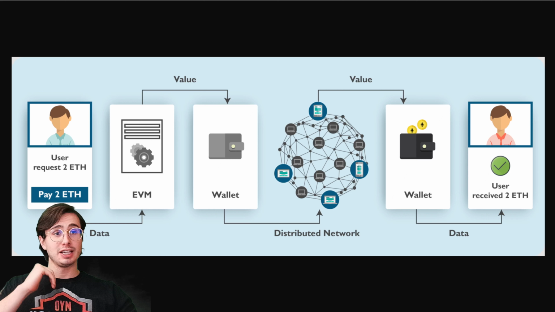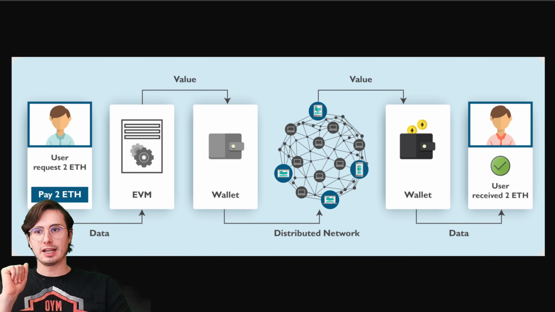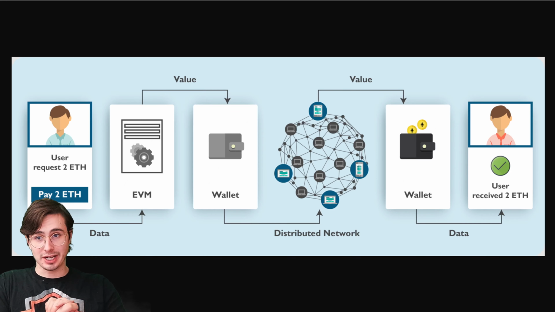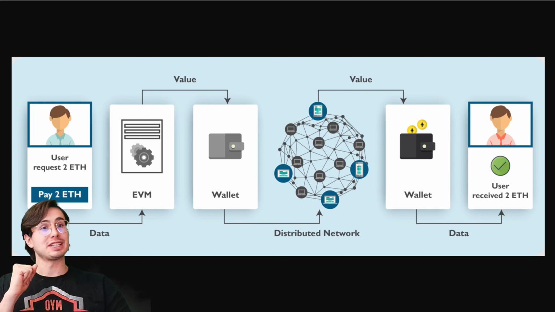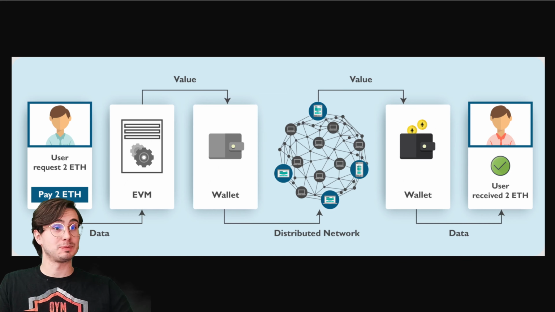So there are currently a lot of issues around scalability that the Ethereum developers are really trying to push forward. But interestingly enough, that's where our next cryptocurrency, Solana, comes in, where it offers a really high throughput solution to a lot of Ethereum's issues.